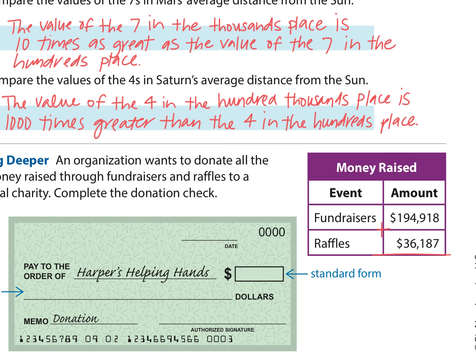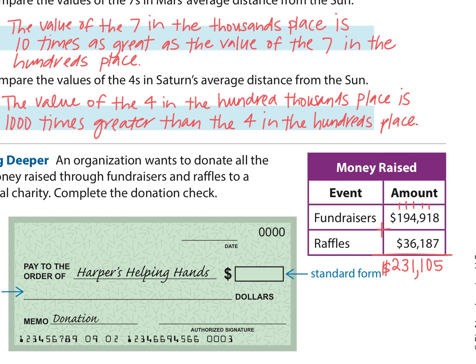Put plus, starting with the ones place, working my way left, carrying when I need to. Okay, we should have ended up with $231,105.